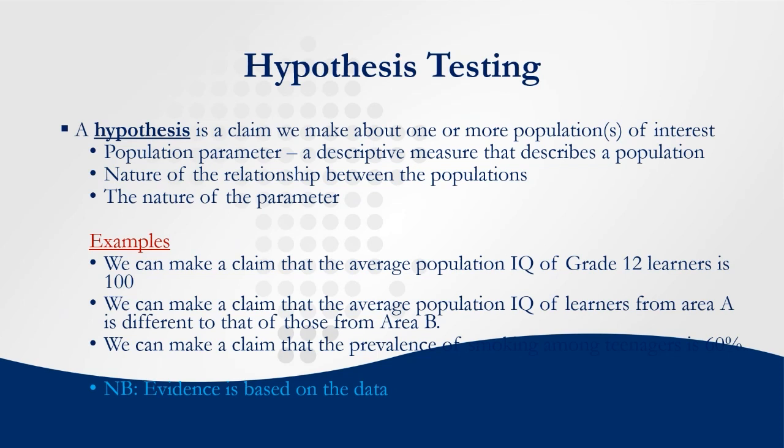So if we say the prevalence of depression among M&D students, the population would be 1. It's a population of postgraduate students, and what we'll be looking at would be the proportion, the prevalence.